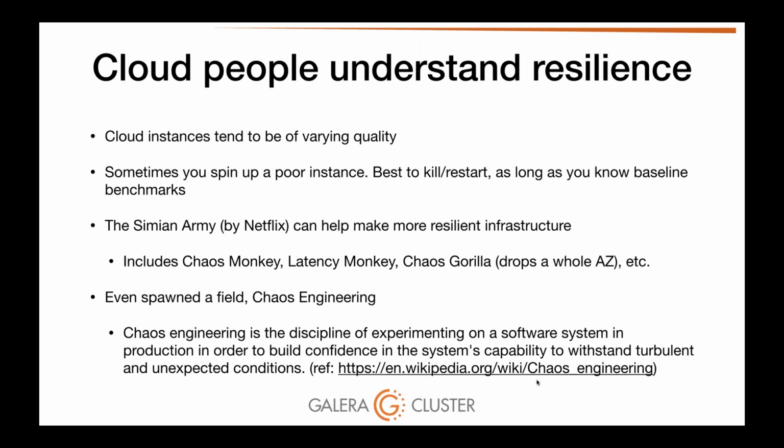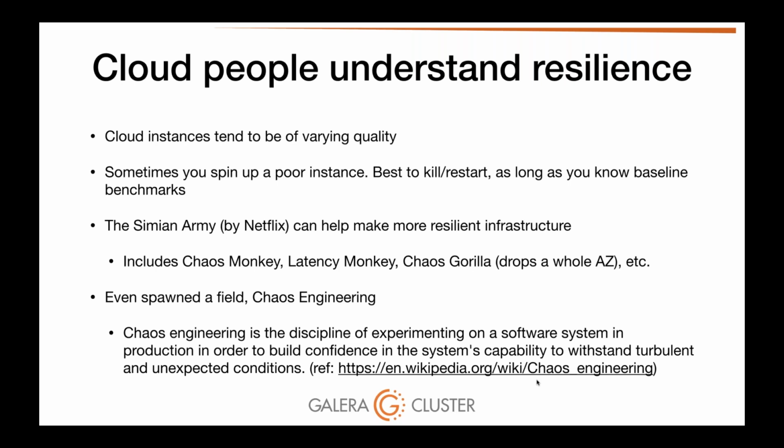I also spent a lot of time playing with a toolkit called the Simian Army. Chaos Monkey is very interesting because it just kills nodes at any given time. If you're running a 9-node Galera cluster, this is awesome because you're killing random nodes and going, hey, my database servers are still running. Chaos Monkey can also be orchestrated to kill your app servers to see if things continue running.